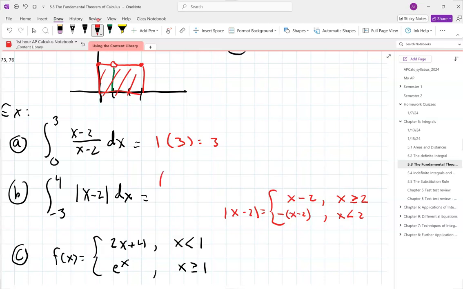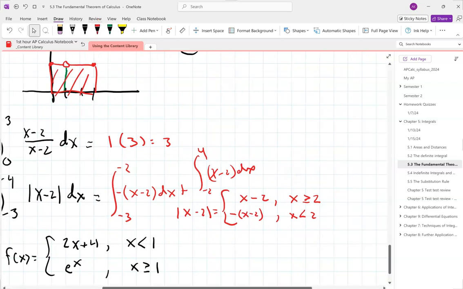Now, what I'm going to do is I'm going to separate this into two separate integrals. And now, can I do the antiderivative of negative x minus 2 and regular x minus 2? You betcha! In fact, those are easy antiderivatives to do.